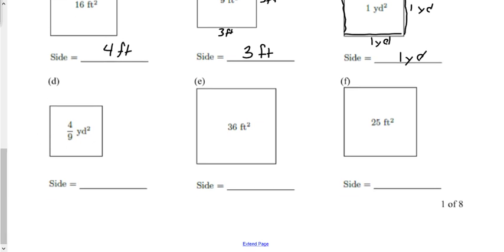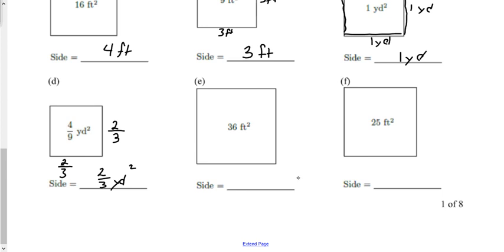Down here, we have to think about these fractions. Something times itself gets us 4, in which case we'd say the top of this fraction is 2. And then we also have to think about what times itself is 9, and that would be 3. So we have 2/3 times 2/3, or 2/3 yards squared.